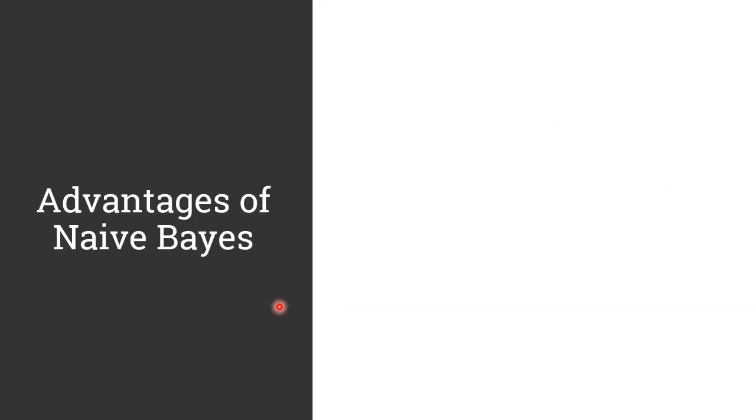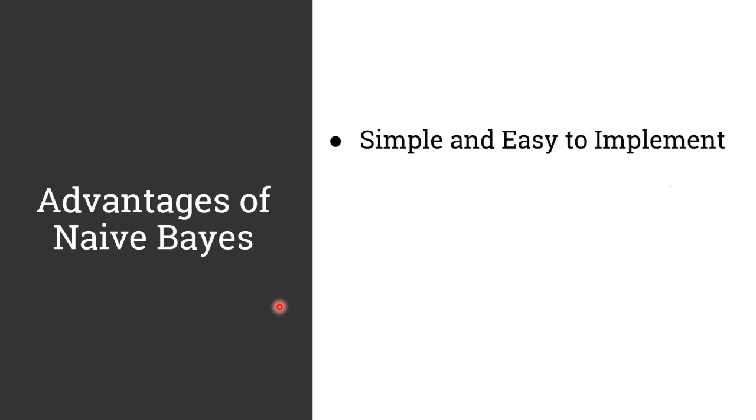But there are significant advantages of the naive Bayes algorithm, and that's why it is used in practice a lot of times. It is simple and easy to implement compared to other generative algorithms. It is not just simple to implement, but also time and space efficient compared to other generative algorithms.